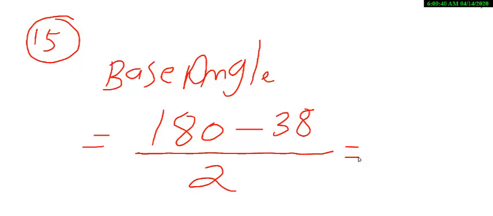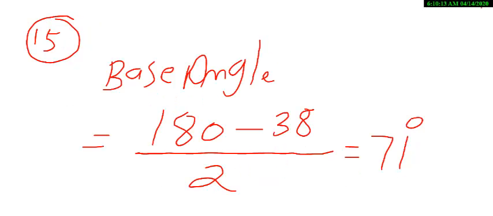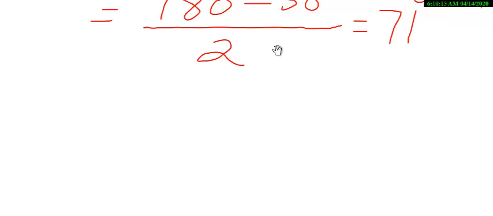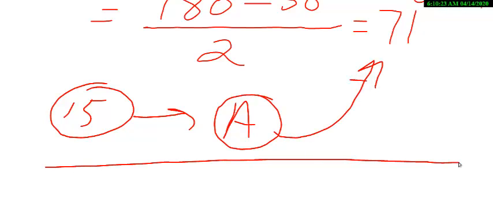It will give me the result. The result will be 71 degrees, which in the multiple choice is number A. So the correct answer on number 15 is A, 71 degrees. And this will cover number 15.